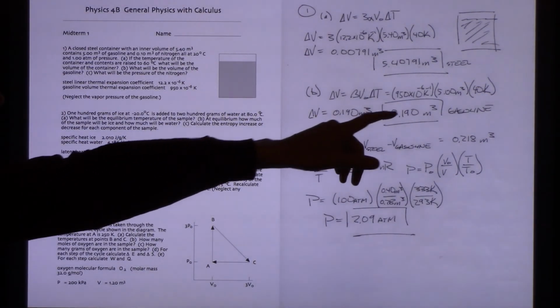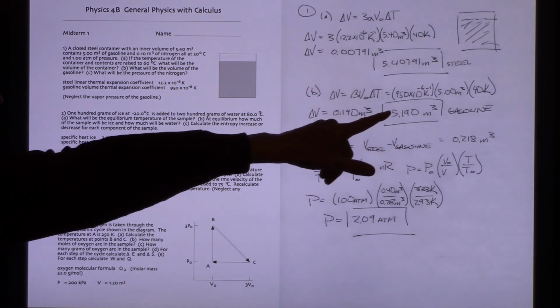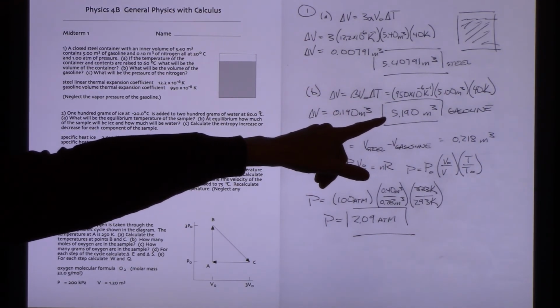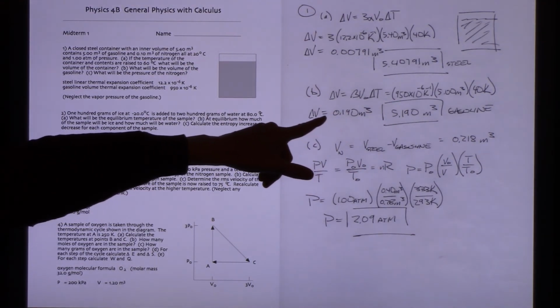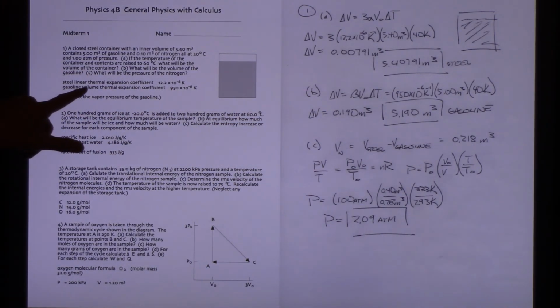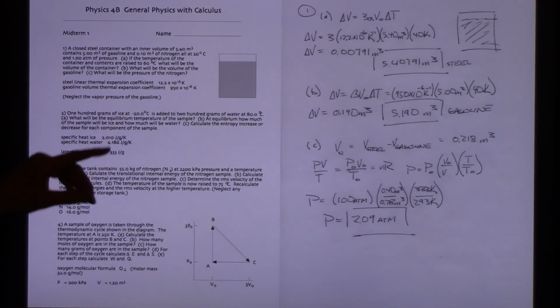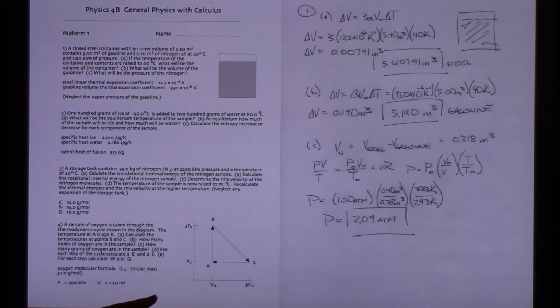So the volume of the gasoline was listed as 5.00. Same idea, I've got to pick up a volume expansion coefficient. Now this time it's 950 parts per million. So the gasoline expands a lot more than the steel.